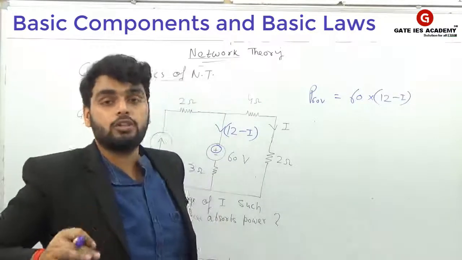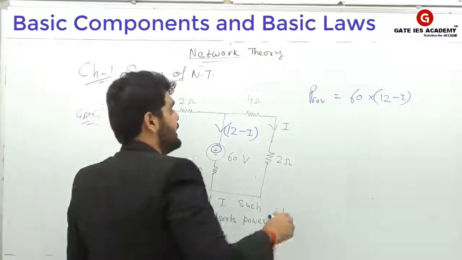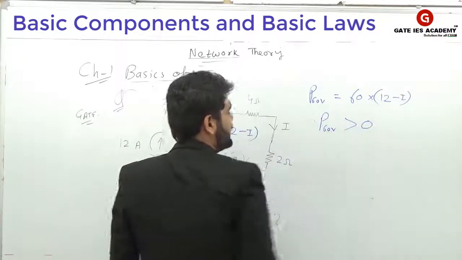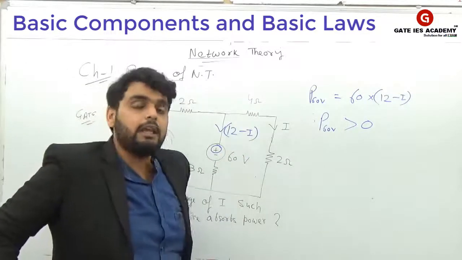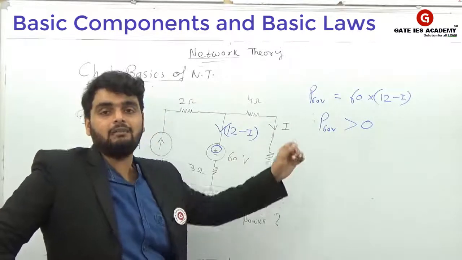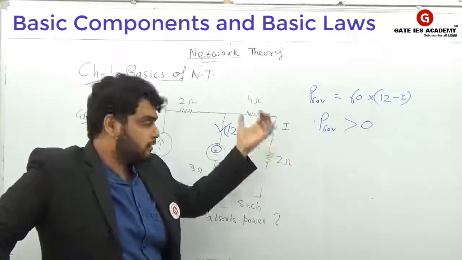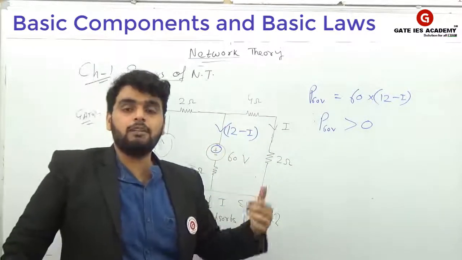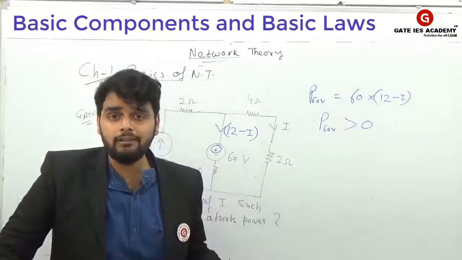So if the question is asking that power will always be absorbed, then this power must be greater than 0. If it becomes less than 0, then you have to put the minus sign there, and the minus sign will tell you that actually power is delivering. See, actually power is absorbing, but if you put the minus sign there, it means you are finding the delivered power that I don't require. Correct?